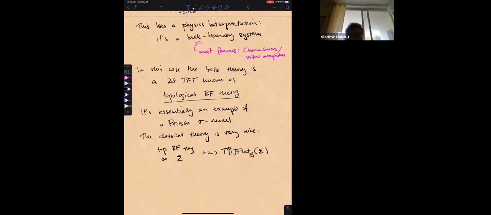So this is some kind of derived space, derived stack. Flat G bundles, if you want, is the character variety on sigma, and we're studying some shifted cotangent bundle of the character variety. So that's a thing a geometer could love.